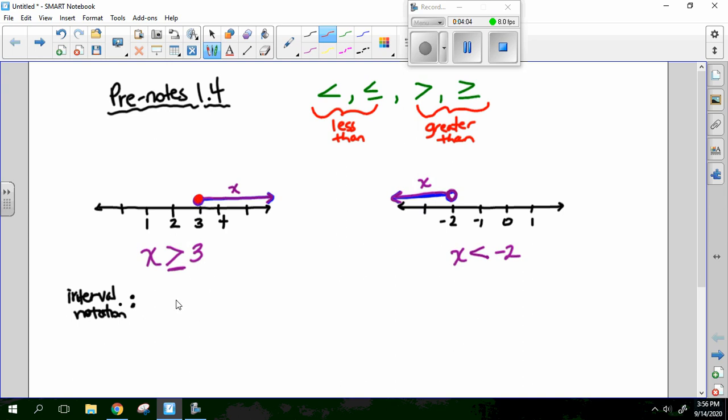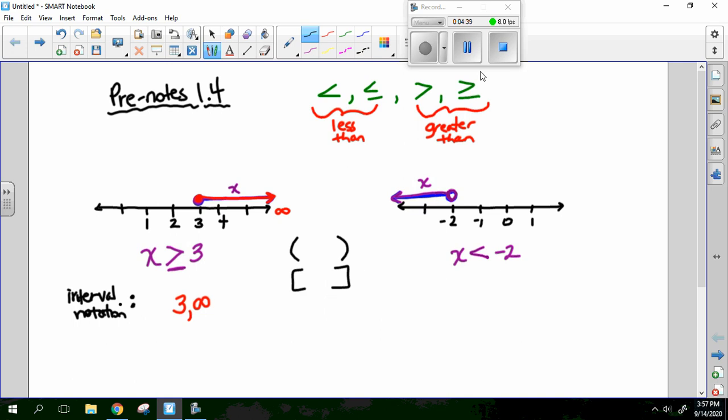So my interval is going to start at that number. Then I'm going to put a comma, and then I have to figure out where my graph ends. Because this graph goes to the right forever, it goes out to infinity. So we say our interval goes out to infinity. Now we have to decide if we're going to use parentheses or squared off brackets or some combination of the two.